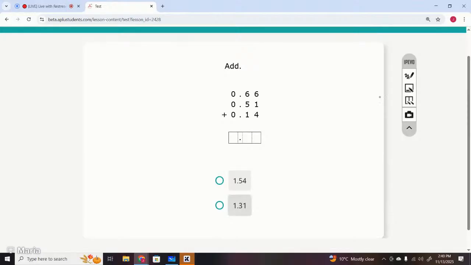The correct option is 1.31. Option number 2 is the correct option.